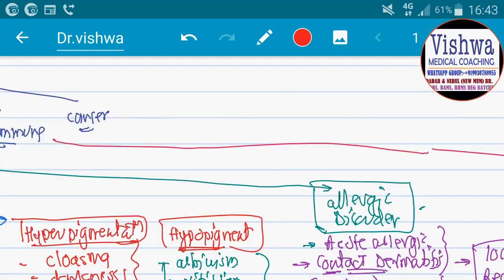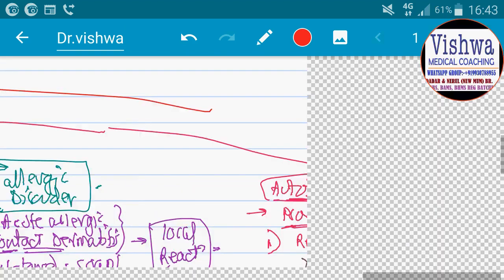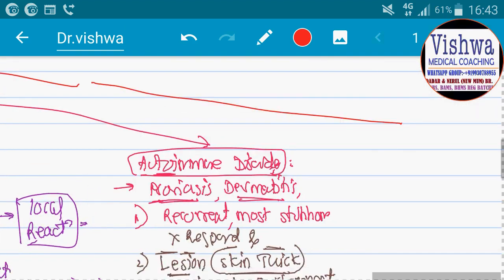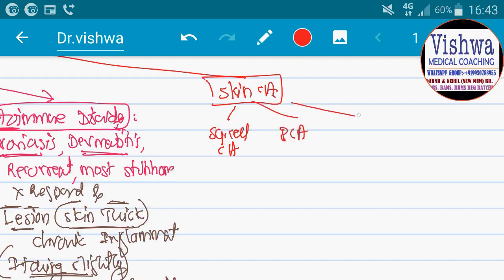What was remaining right now is skin cancers. Of course, very rare. We have three types of cancer you should know: squamous cell carcinoma, basal cell carcinoma, and melanoma.